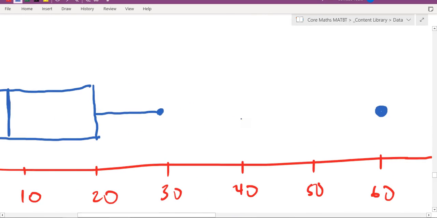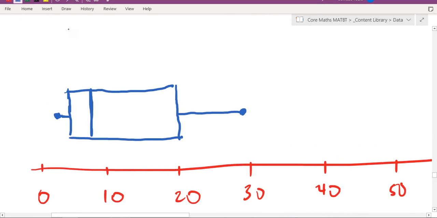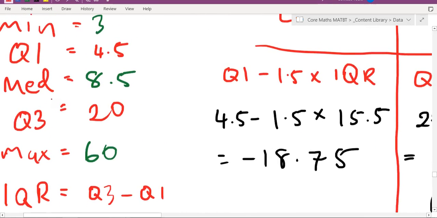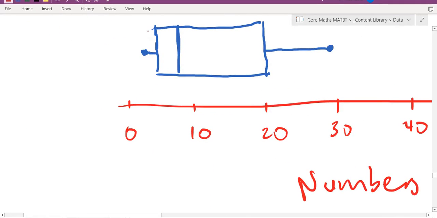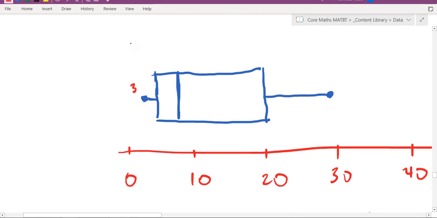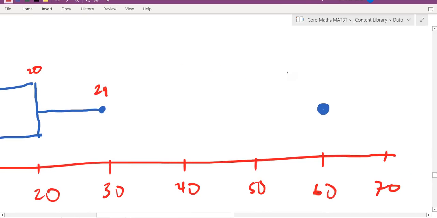And if you remember last lesson, don't forget to put the lines in as well so that you know what the numbers are on top of each part. So for example, here the minimum is 3. Here it's 4.5. Here it's 8.5. This is 20. And this is 29. And your outlier, remember, was 60.